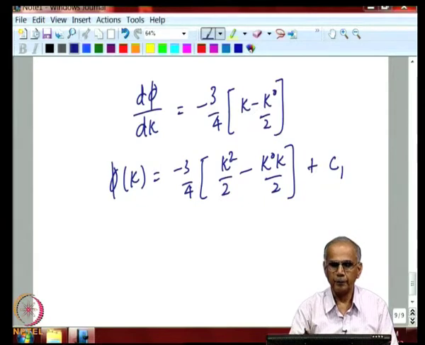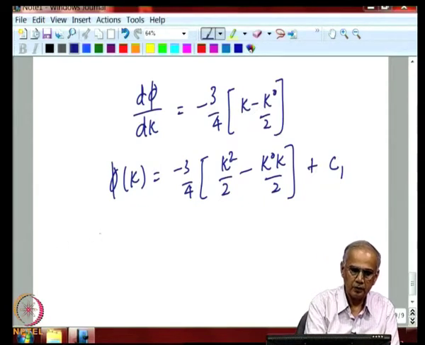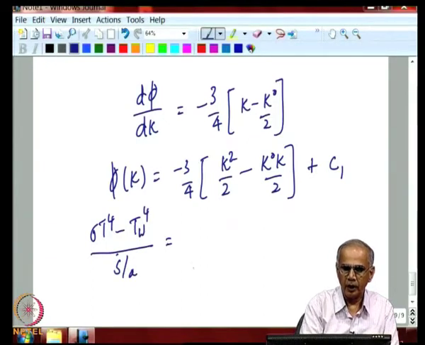Now, this constant is very important, because notice that this phi is nothing but sigma T to the power of 4 minus T wall to the power of 4 divided by S dot by a, and so let me just complete this equation.